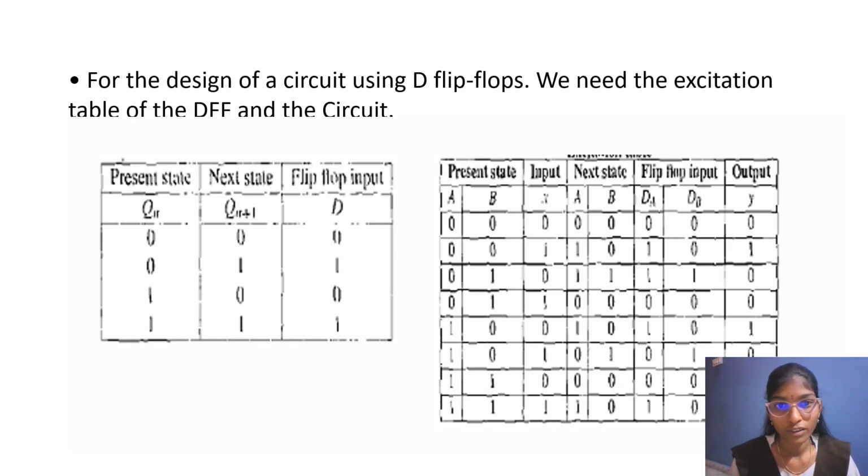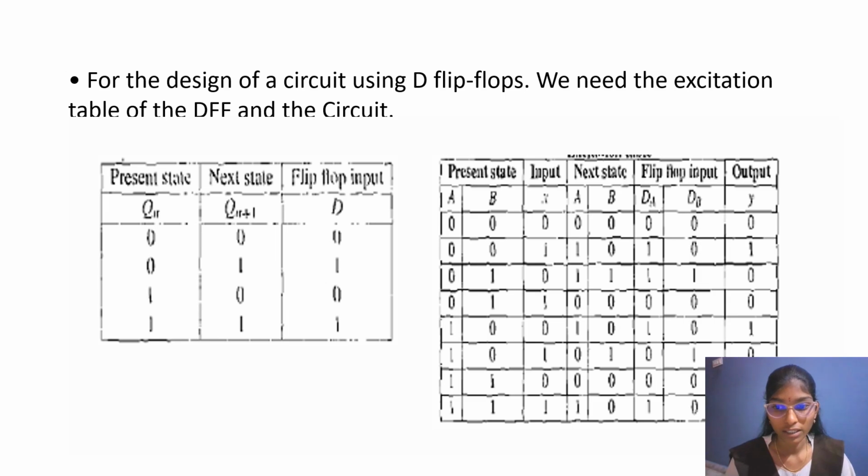For the design of a circuit using D flip-flops, we need the excitation table of the D flip-flop and the circuit. The excitation table of the D flip-flop is represented by present state, next state, and flip-flop input. Present state is Qn, next state is Qn plus 1, and flip-flop input D is equal to Qn plus 1.